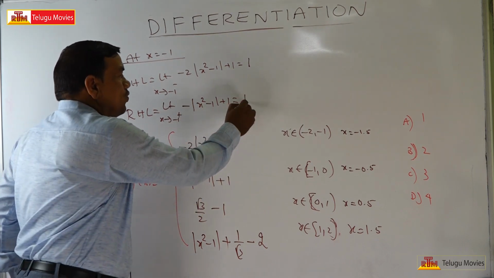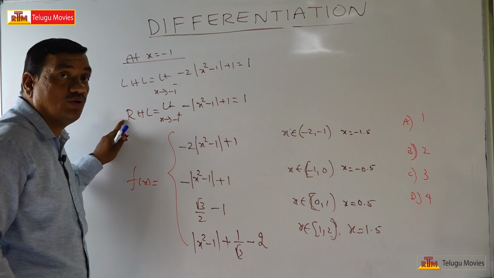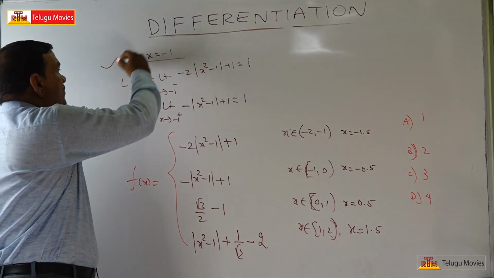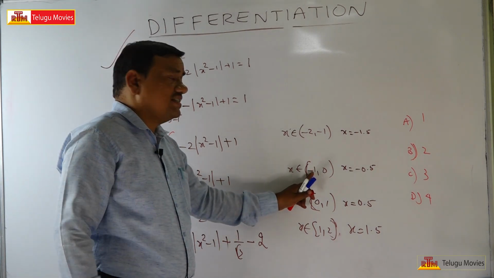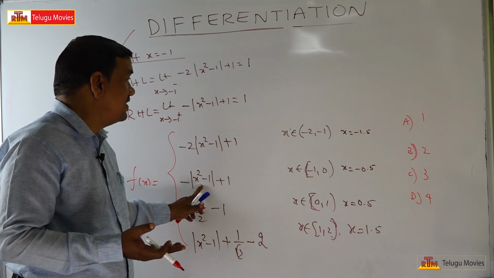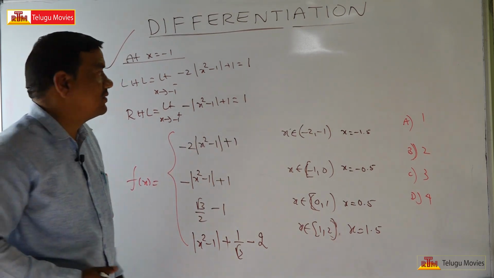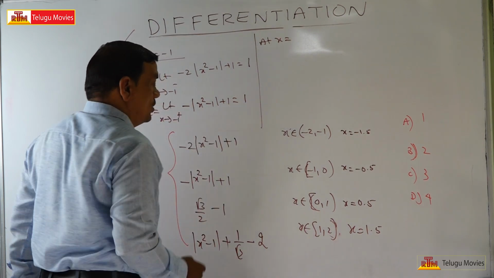So this is equal to 1 you will get. Therefore left hand side limit is equal to right hand side limit. Therefore the function is continuous at x is equal to minus 1. And the functional value is also 1. That is f of minus 1 is also 1. Therefore it is continuous.